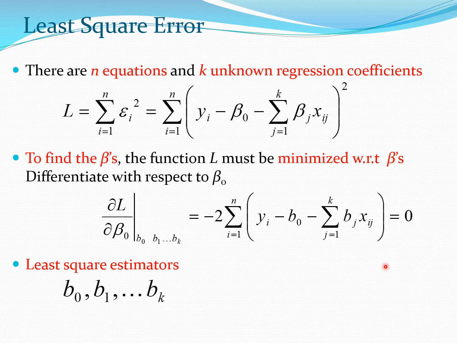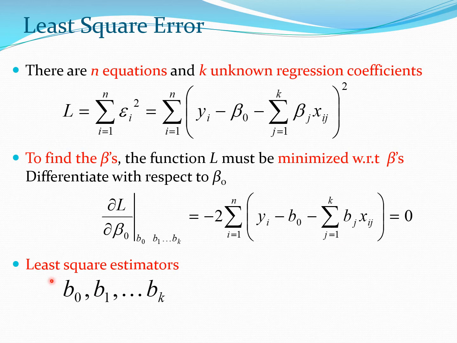Now, basically what we do is we put b0 and bj instead of beta 0 values to point out that these are the values obtained which are the best possible values, which essentially result in L becoming a minimum point.